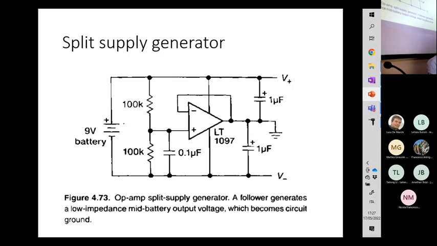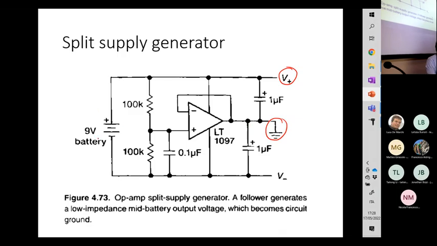Okay, so we may want to generate, let's say, what can be considered the ground value between the top supply voltage and the bottom. Okay, so between V plus and V minus, we want an intermediate reference value, which will be our zero. Okay. So how can we do that?